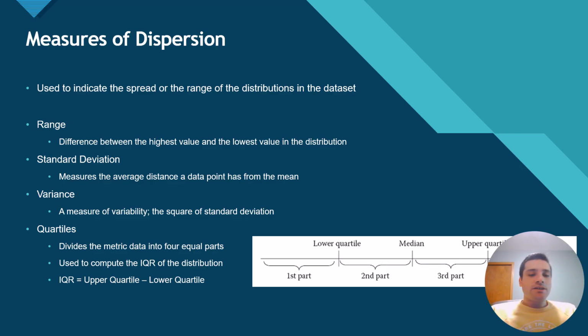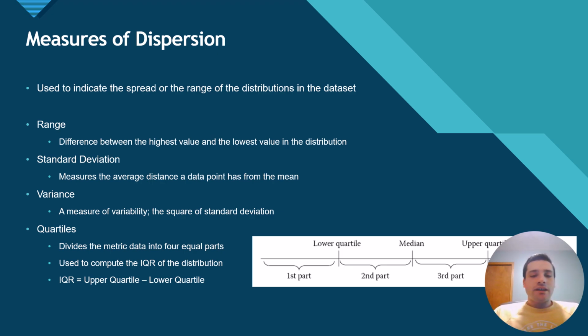The standard deviation is used to measure the average distance that a data point has from the mean. And the variance is a measure of variability, and it's related to standard deviation because it is the square of standard deviation. And then quartiles are important as well.